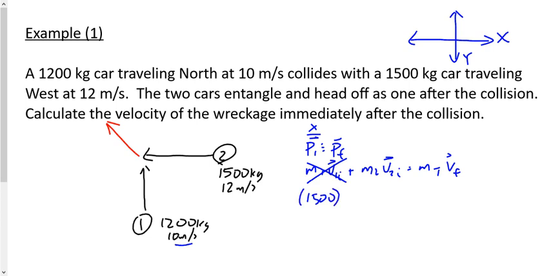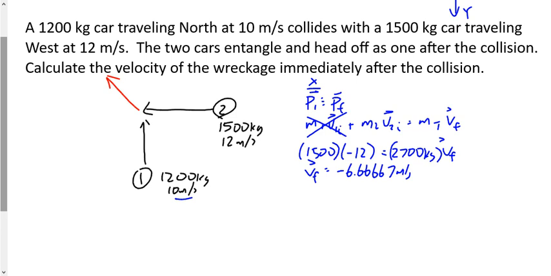That's V2i. Ariel, what's V2i here? How much of that 12 is X? Yes. We're going to make it negative, though, because it's going to the left. Total mass is 2,700 kilograms times VF. 1,500 times negative 12, divided by 2,700 gives me negative 6.666. Okay, there's the X component.